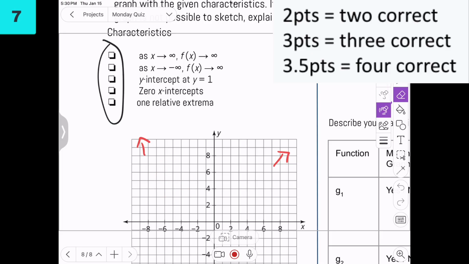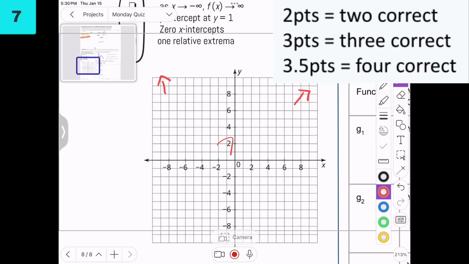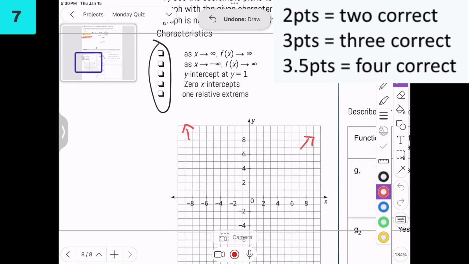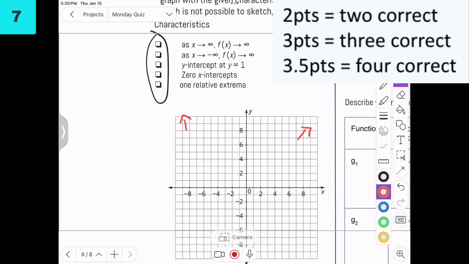So now I have both end behaviors written down. I still have to figure out what's happening in the middle. So I continue reading. It says that I have a y-intercept at 1, so the y-intercept at 1 would be over here. It also says that I only have one relative extrema and 0 x-intercepts.